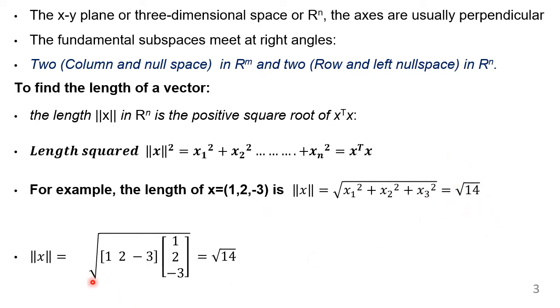In other words, I can write this as x transpose multiplied by x, that is 1 square plus 2 square, that gives you 5, plus 3 square, that is 5 plus 9, that gives you 14. So the square root of 14.